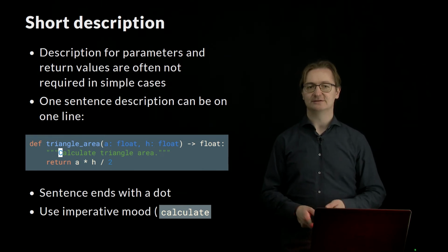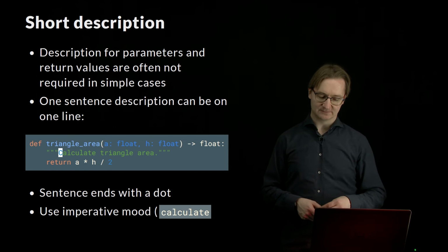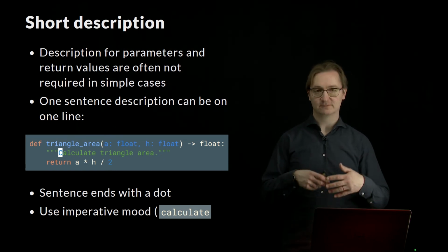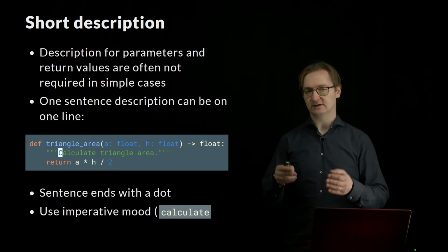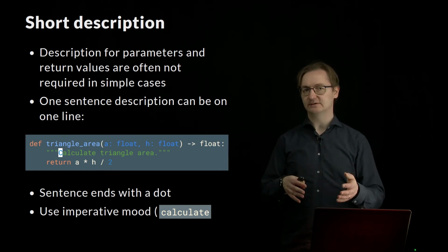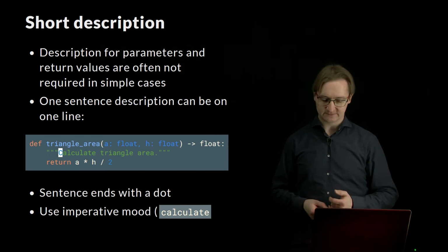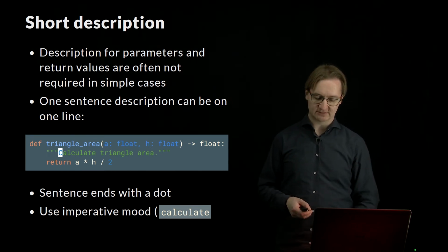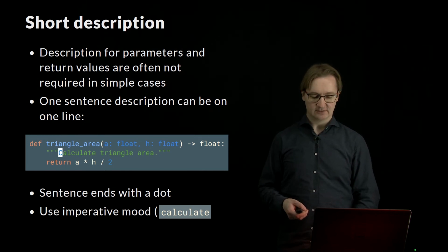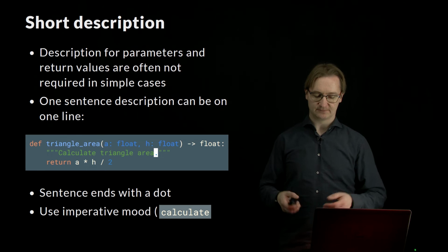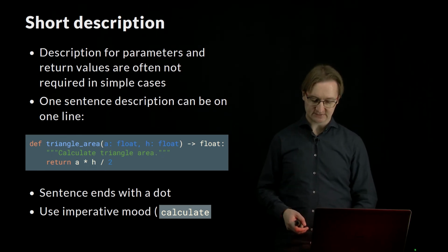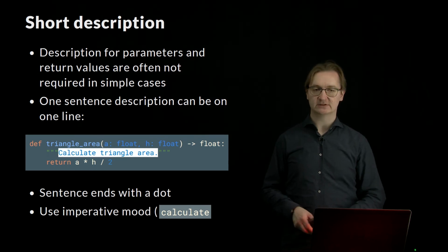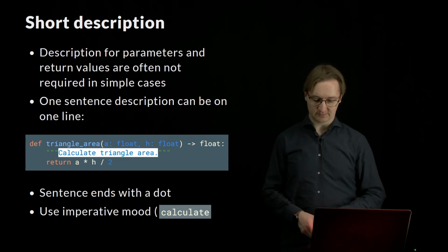There are style checking programs or scripts which take all the docstrings and check whether you have followed the rules. So if you write "calculates triangle area", or you start with a small letter, or you don't end your sentence with a dot, or you have several sentences in a short description, then you get a warning about that.